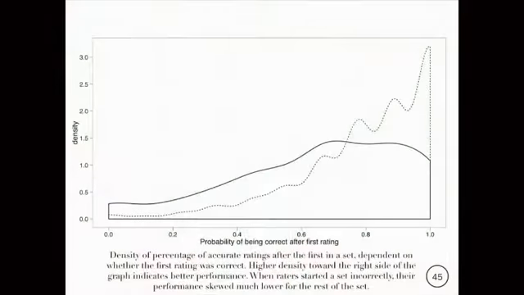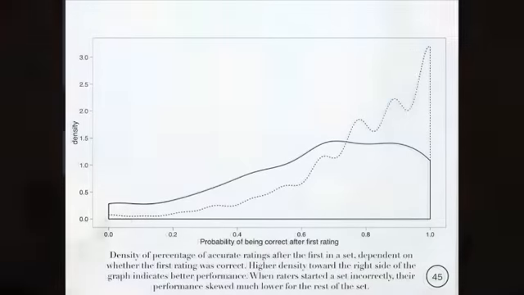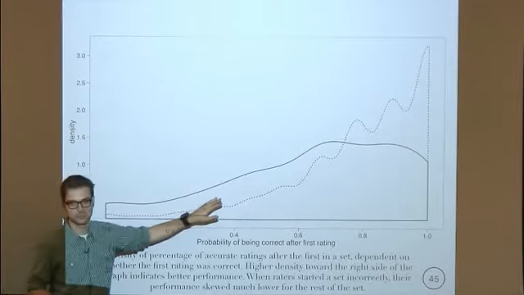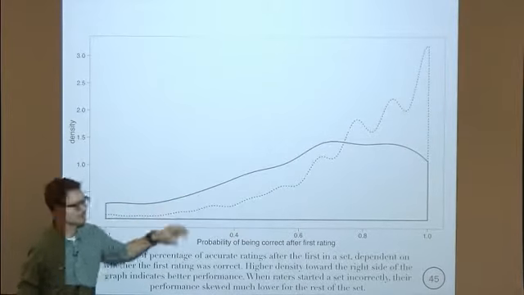It's not just I spent more time on the first rating and I got the first rating correct. It's I spent more time on the first rating and I was more likely to be correct on everything else. And that ended up being the case, where here I split up people that got the first task right and the people that got the first task wrong.